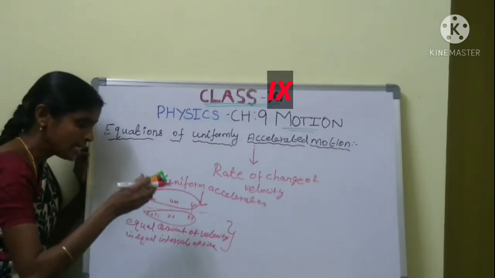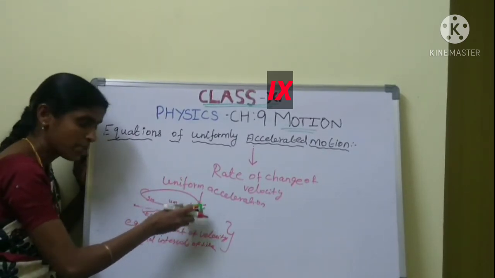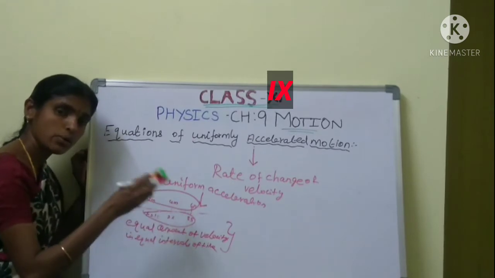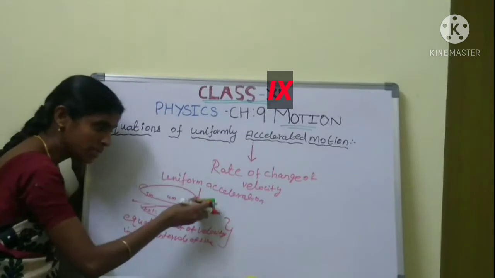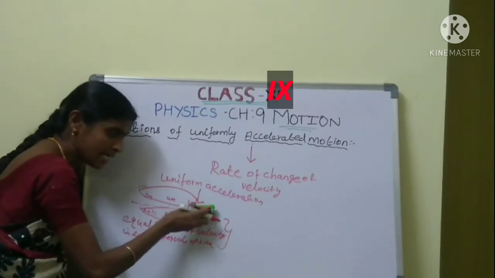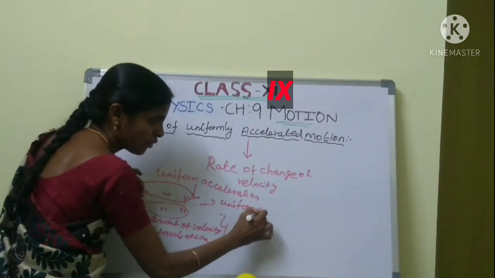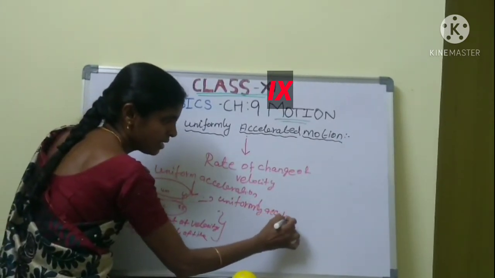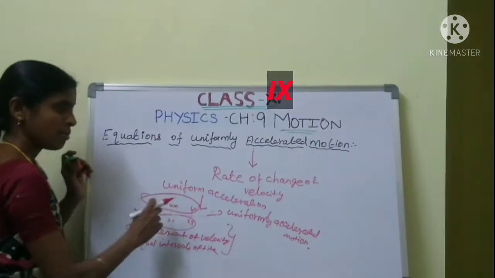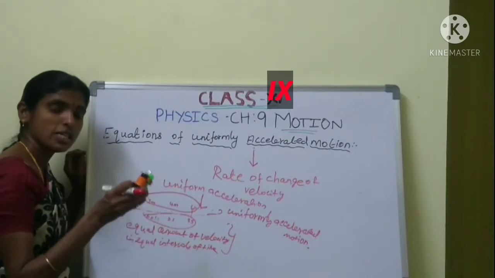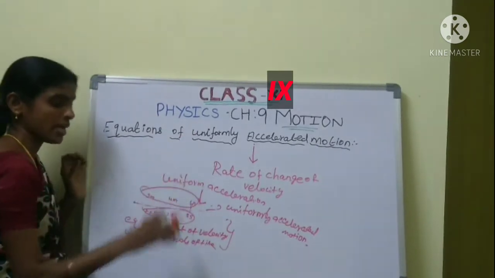Whenever we give equal changes of velocity in equal intervals of time, that car has uniformly accelerated motion. Whenever an object has uniformly accelerated motion, it contains three equations.